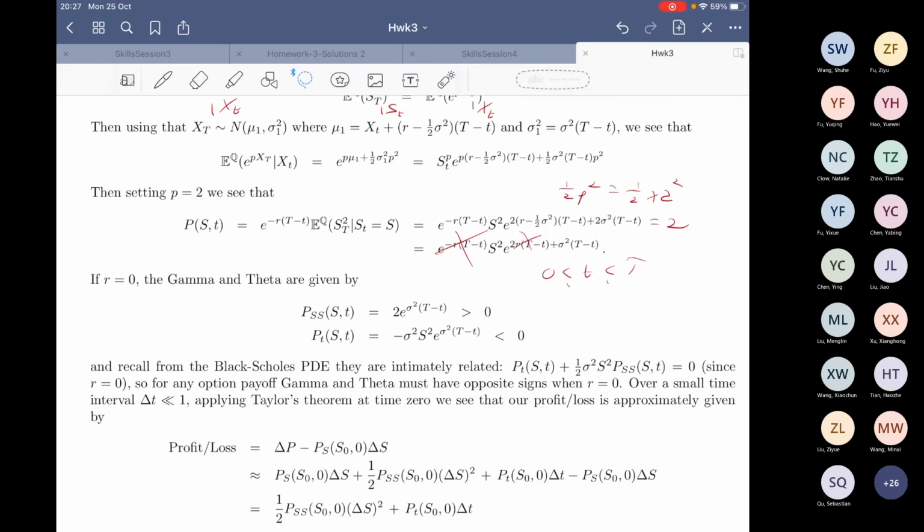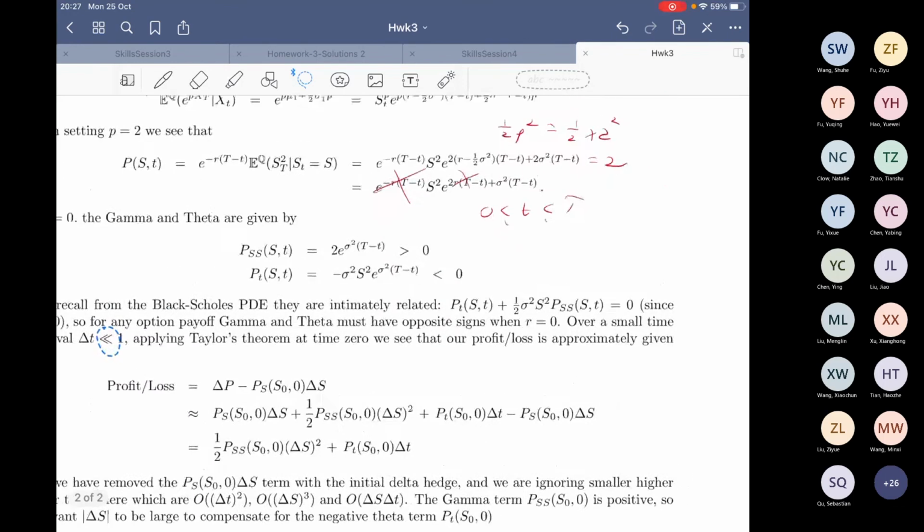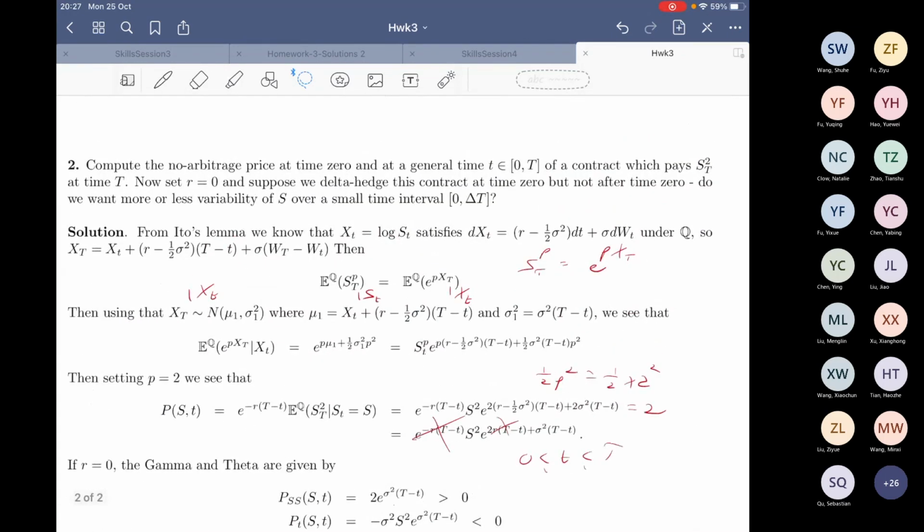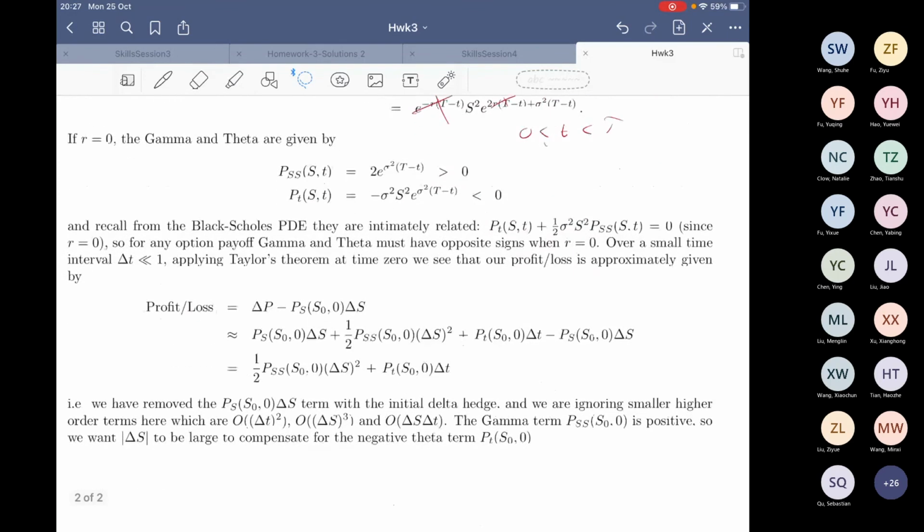Now, for this specific question, you're being asked to consider a small time interval, dt, and this double less than symbol just means consider this quantity very small. It's just an informal notation. Remember the understanding is that we've bought the option which pays S_T squared, but we've also delta hedged it at time 0.